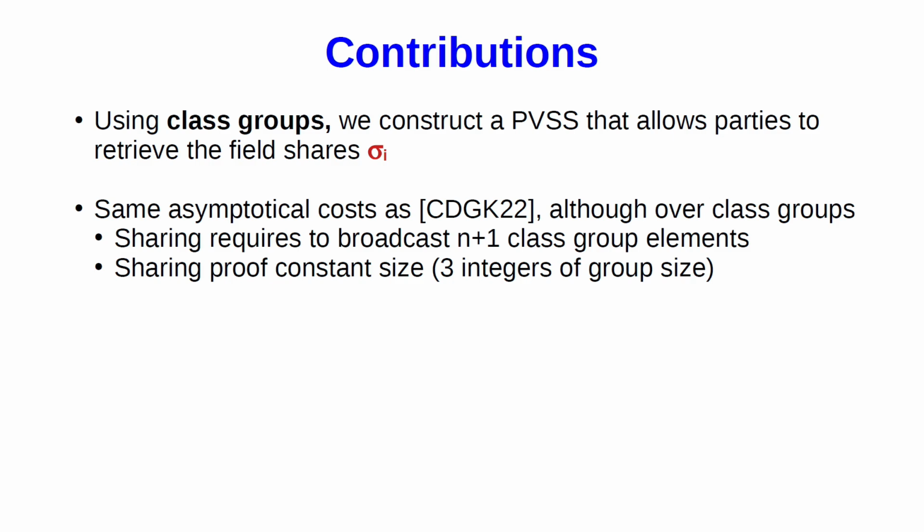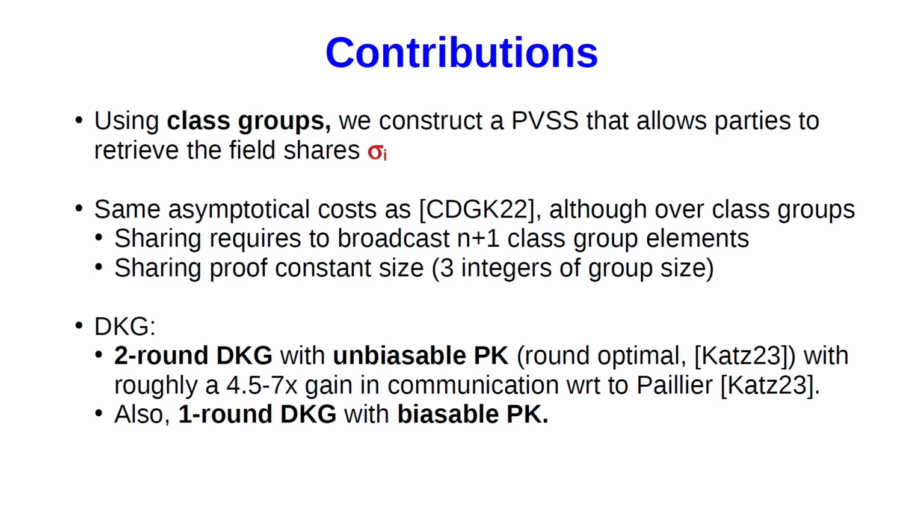And we achieve some very strong notion of privacy called IND2, which is indistinguishability of secrets that may be chosen by the adversary. And the sharing requires to broadcast only n+1 class group elements. And our proof of correct sharing is constant size, just 3 integers of group size.